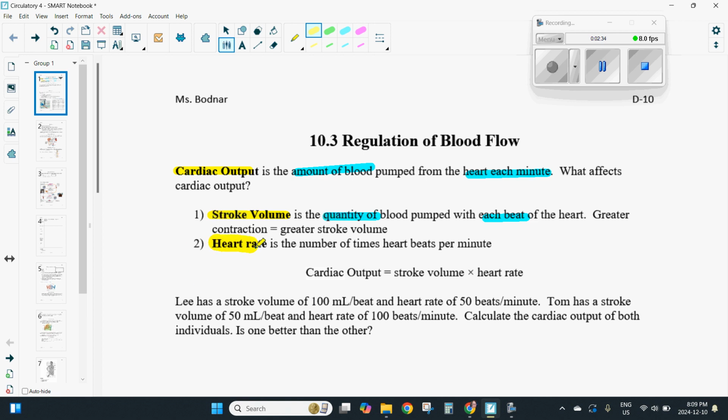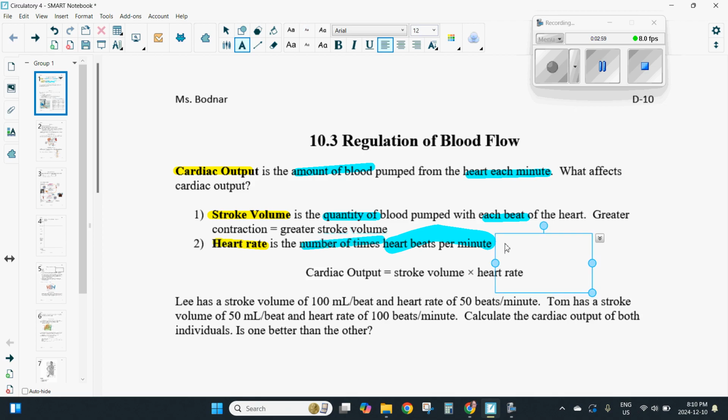Now, the next important factor that plays a role in cardiac output is heart rate. So heart rate is the number of times the heart beats per minute. So sometimes we call this BPM or beats per minute. So BPM is just a shortened version of this, which I kind of alluded to in the last lesson.